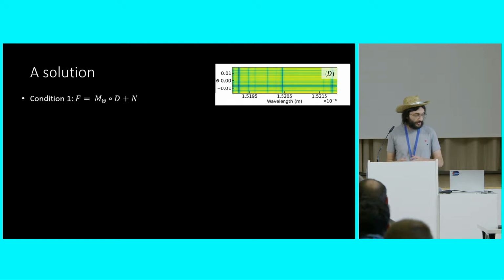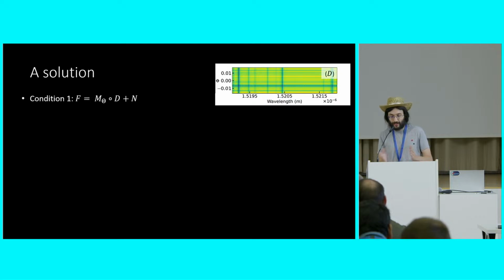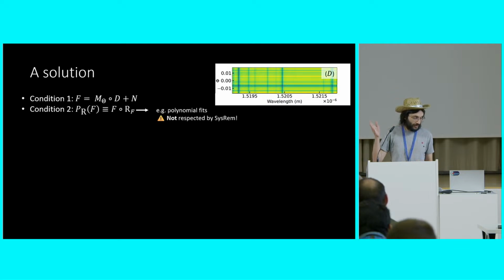The first condition is that your data should be written this way: an exact model with two parameters, element-wise multiplied by a deformation matrix, which accounts for the telluric lines, the stellar lines and the instrumental deformation. The second condition is the most important one. It means that your preparing pipeline must be written this way.